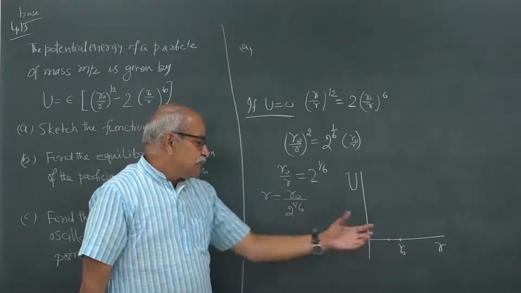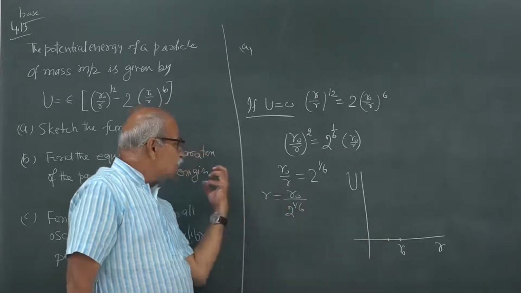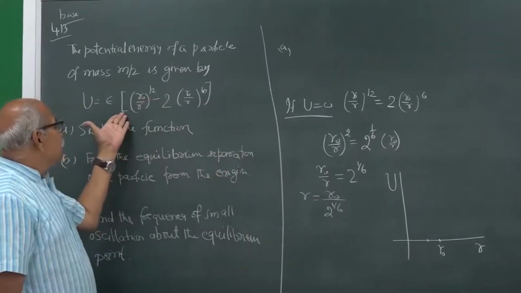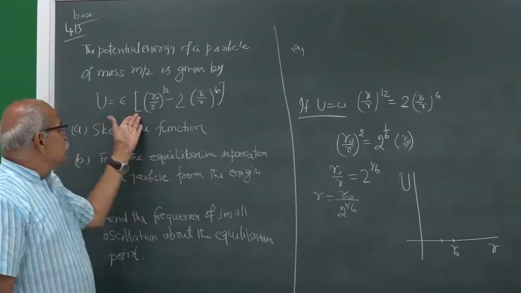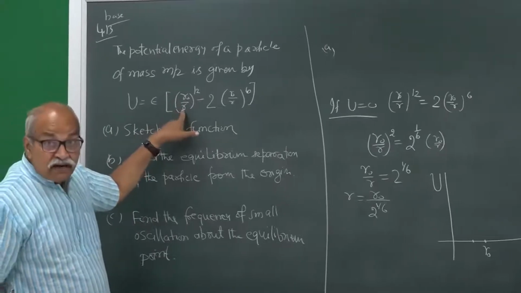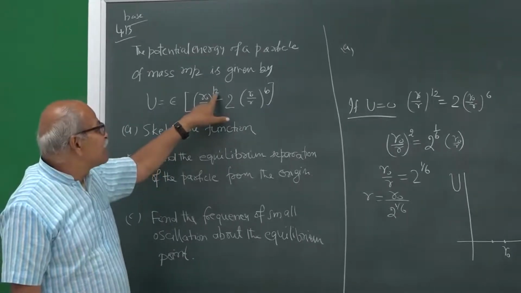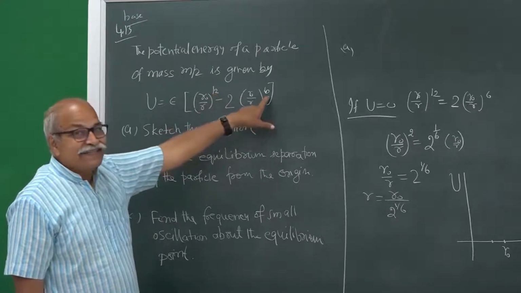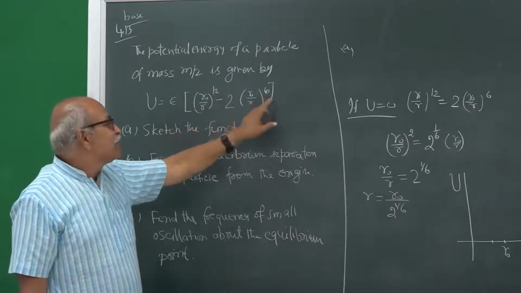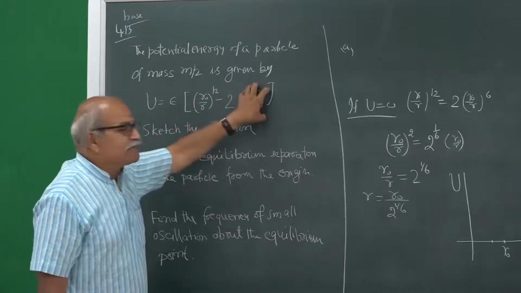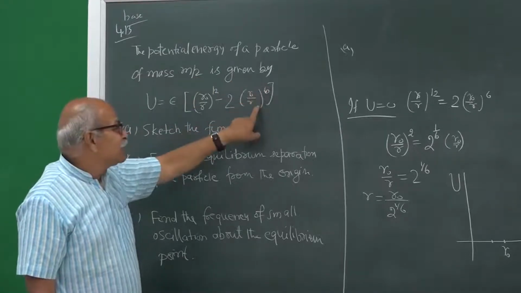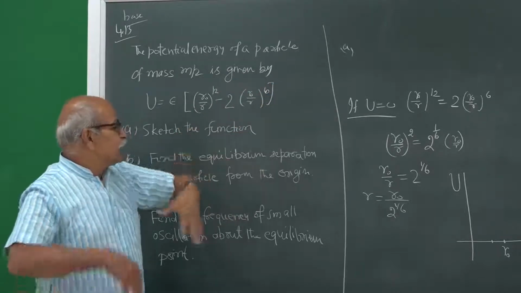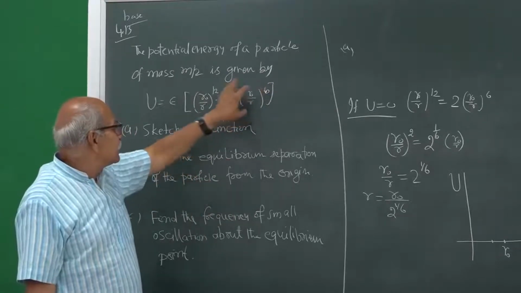Now, what happens if r is very small? You have 1 by r to the power 12, which is very large, and here you have 1 by r to the power 6, which is also very large, but the first is the square of this one, so it becomes much larger.